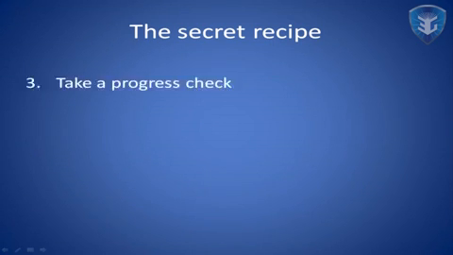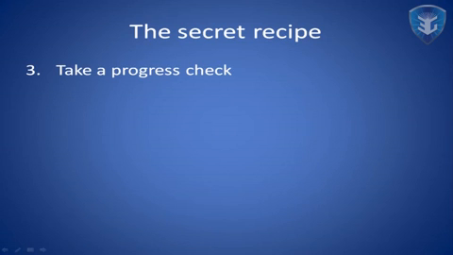Step number 3 is to take a progress check. Taking time to check in on how you're doing with your thoughts, feelings, and actions lets you know where to focus more attention and energy. And as you begin your new supervisor training action plan, check in on a predetermined time frame and make a personal assessment as to how things are going. You might also get feedback from other folks who you trust and who are honest and supportive for you.